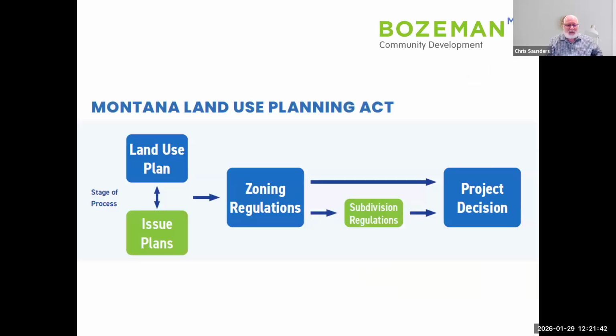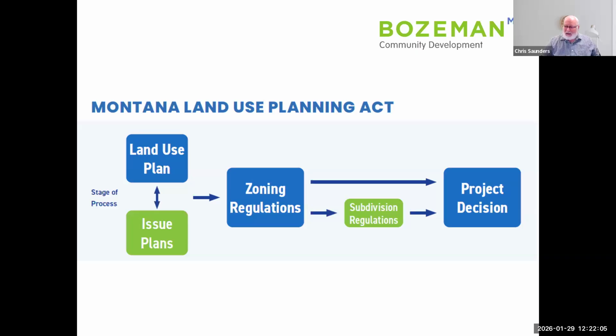So with a change in the Montana Land Use Planning Act, there's been more of an emphasis on doing planning at the beginning. That planning then influences and generates the basis for your zoning regulations. If there are elements that the zoning does not address, then you can deal with it at the subdivision level.